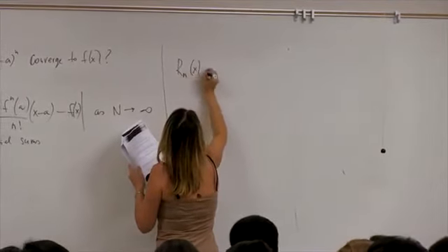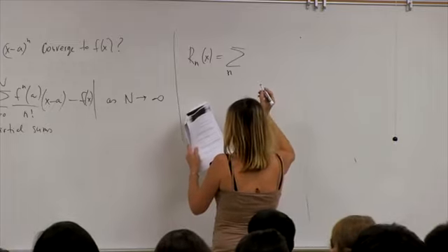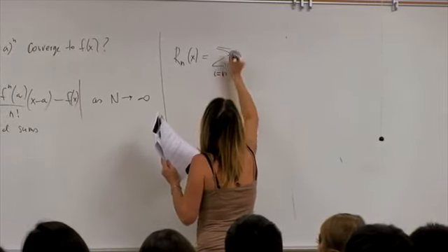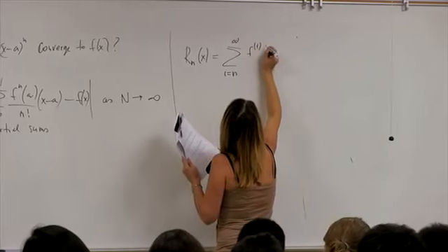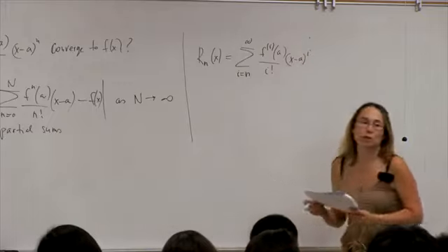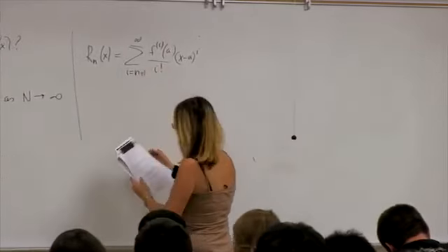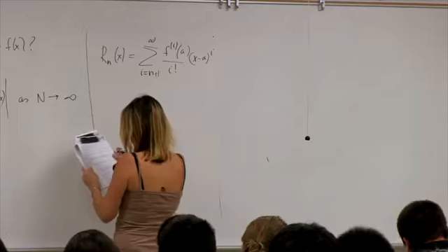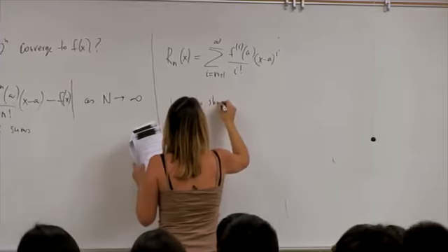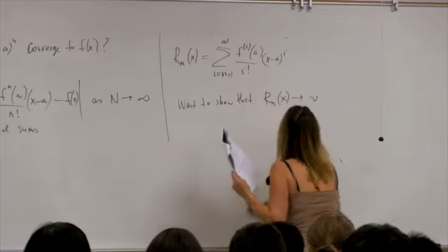Rn of x is defined as the difference between the target function and the partial sum. These are all the terms that remain in the infinite sum starting from number n plus 1. We want to show that Rn of x goes to 0.